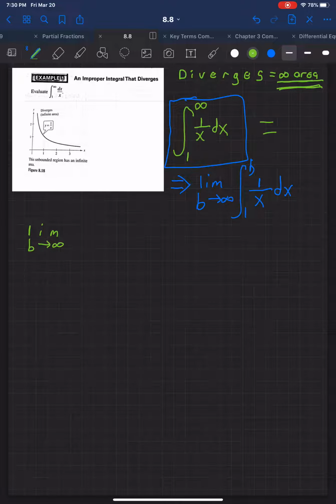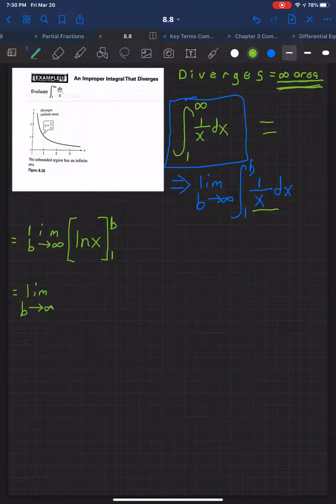If I integrate 1 over x with respect to x, then that is simply ln of x. And of course, I still have to back substitute. I'm going from 1 to b. So this is the limit as b approaches infinity of ln of b minus ln of 1.